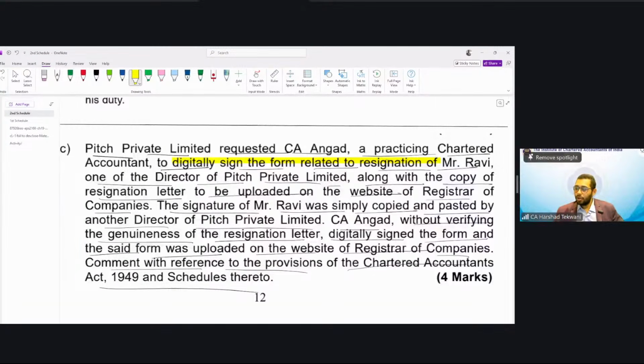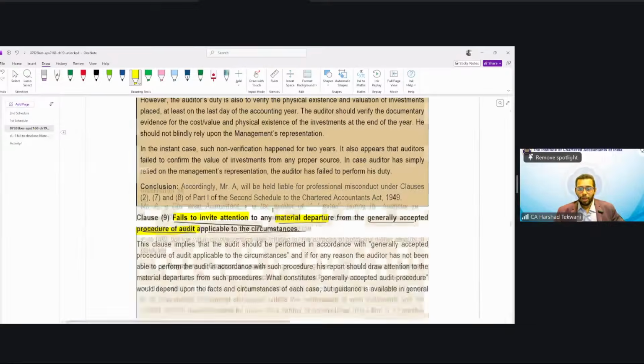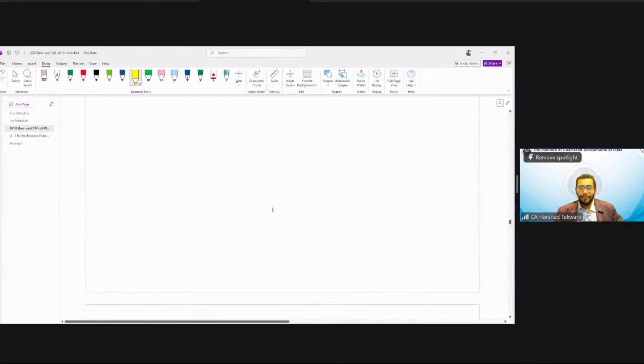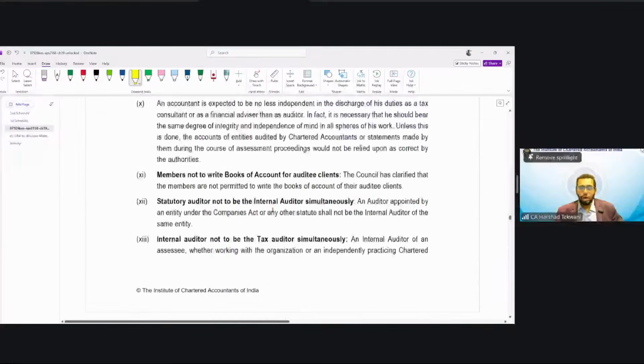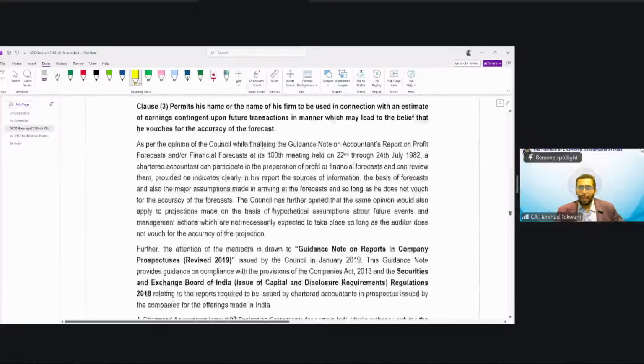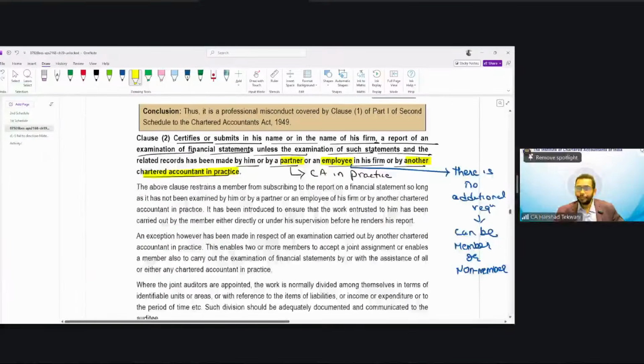Then some might say, sir, clause 2: certify or submit a report unless you have verified. If you are certifying or submitting a report in your name without verifying the particulars, or they are not verified by a partner or by an employee. But what report are we talking about here?